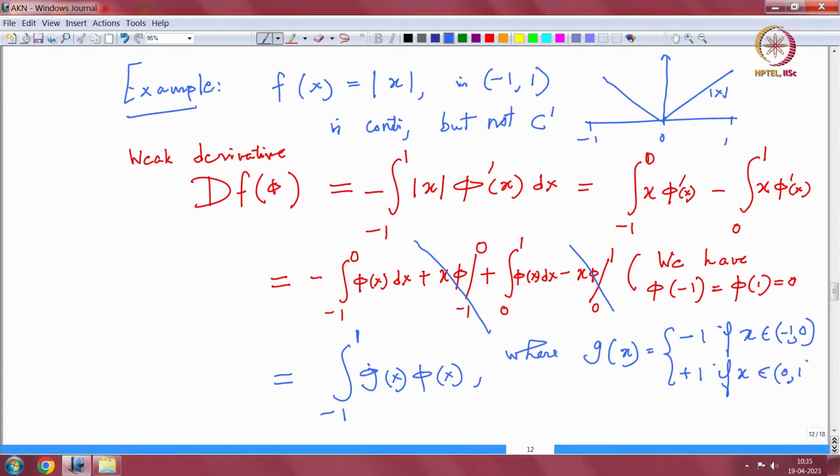Of course, it is defined almost everywhere, that is enough. At 0 it does not matter, whatever value you give at 0, the integral will not change. So, this is exactly what we are looking for in this example. So, in this example there is no trouble.